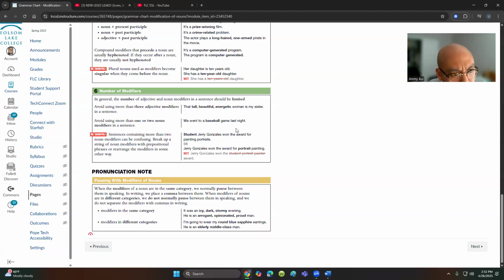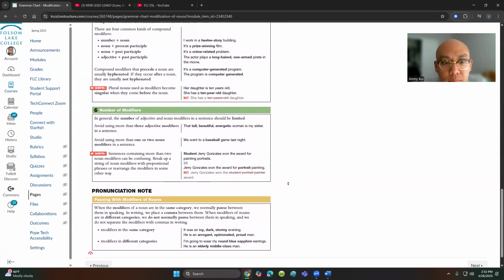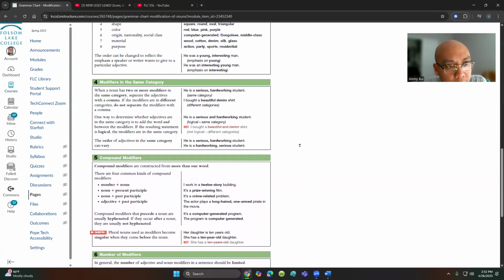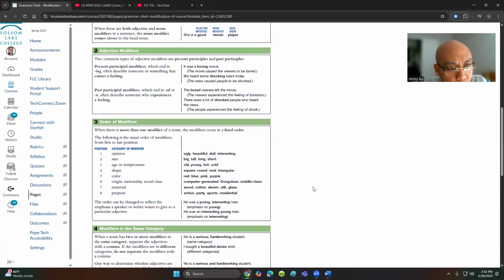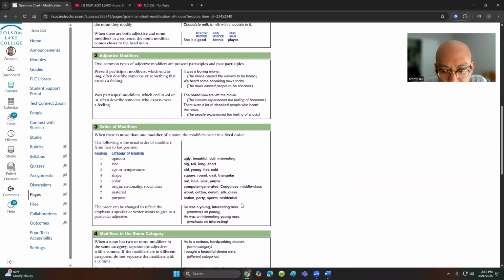So let's see here. Usually adjectives are not used to describe a noun, right? But here you'll see commas are used, and the rule for that is commas will, let's see specifically.